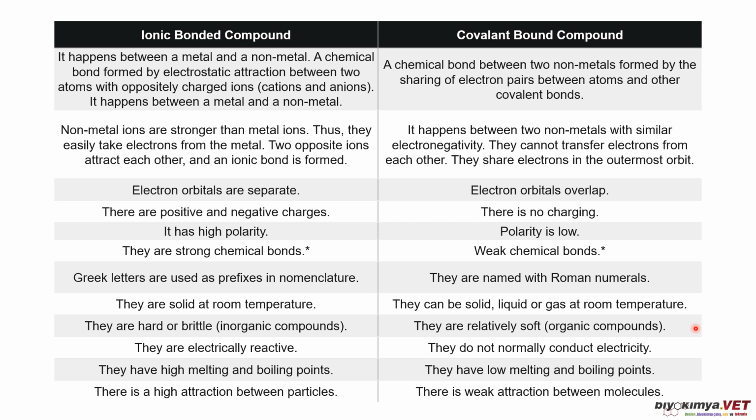While 348 kilojoule per mole is required to break a single covalent bond formed by two carbon atoms, or single carbon-carbon bond, for the double bond between two carbon atoms, 614 kilojoule per mole is required. And for the carbon-carbon triple bond, 839 kilojoule per mole is required to break the triple covalent bond.